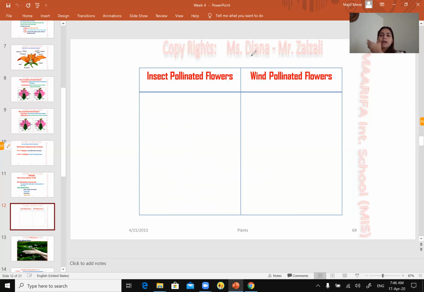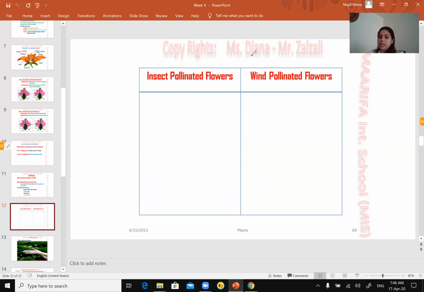Wind-pollinated flowers lack bright colors, while insect-pollinated flowers have beautiful, attractive petals. You can think of the nectar, the odors, the color. Wind-pollinated flowers lack all of these things, while insect-pollinated or animal-pollinated flowers have them.